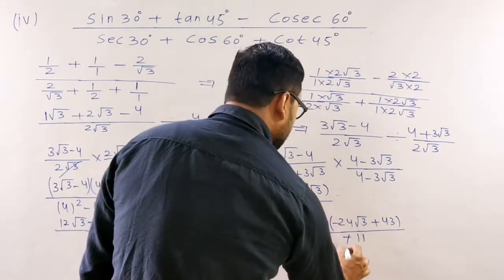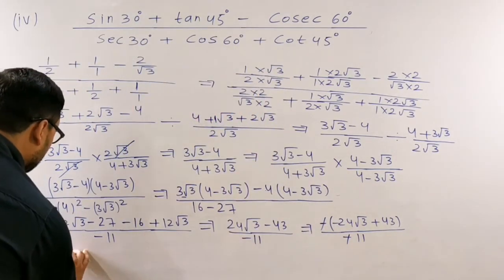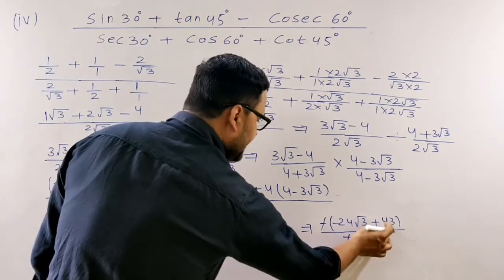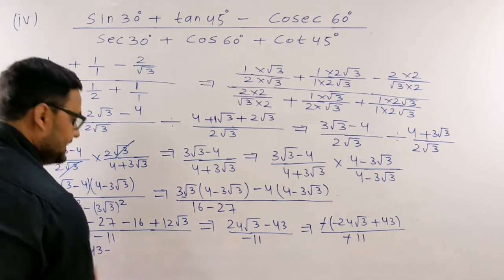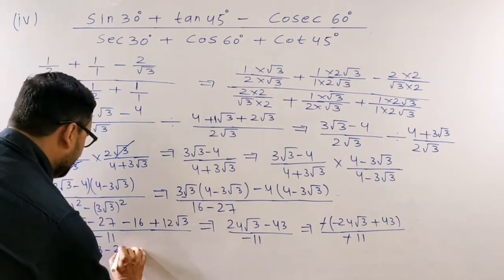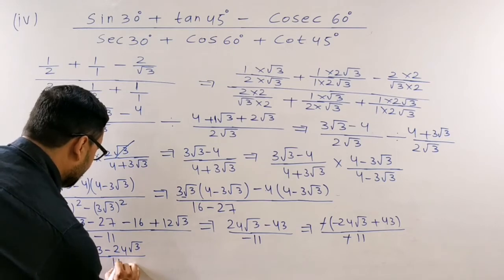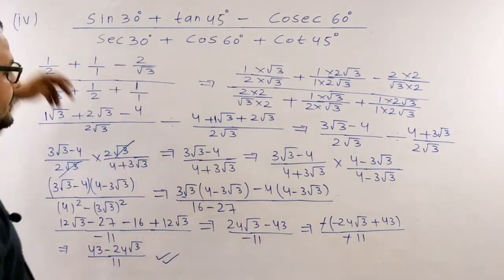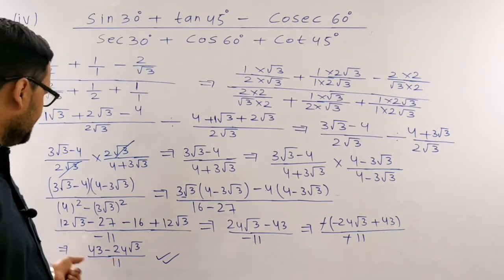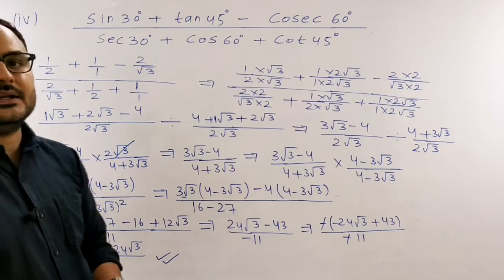Because this minus got cancelled. So finally, what we are going to get? We'll get 43 minus 24 root 3 and divide by 11. This is our answer for the fourth question: 43 minus 24 root 3 by 11.